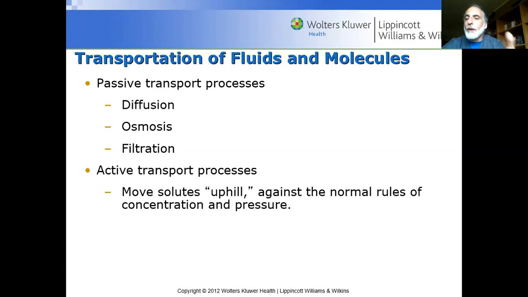So it could move solute from an area of low concentration of solute to an area of high concentration of solute. Whereas with passive transport, we don't have that movement against the concentration. Normally things like to spread out and be relatively even.